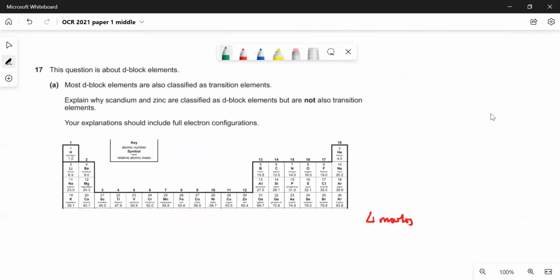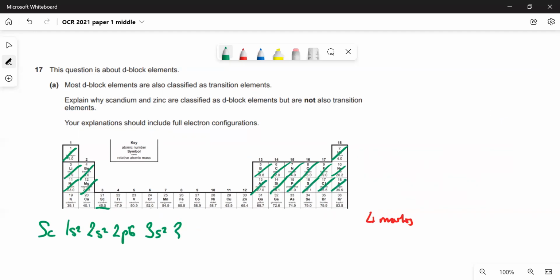Okay, so let's start off with scandium. It's going to have the electronic configuration 1s2, 2s is full up, 2p is full up, 3s2 is full up, 3p is also filled, and 4s is filled.